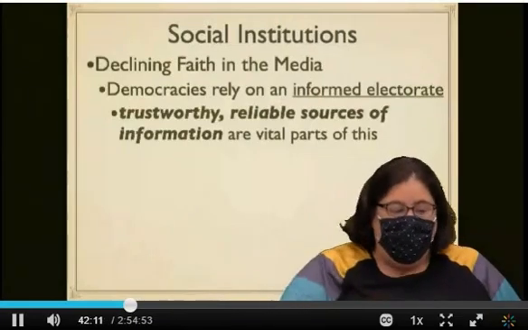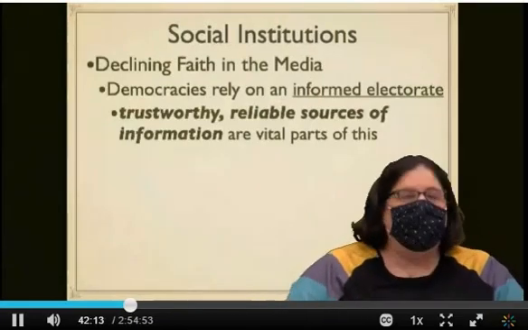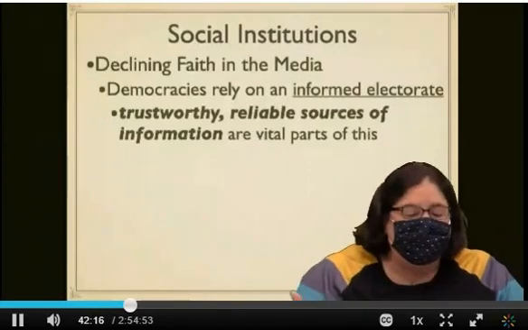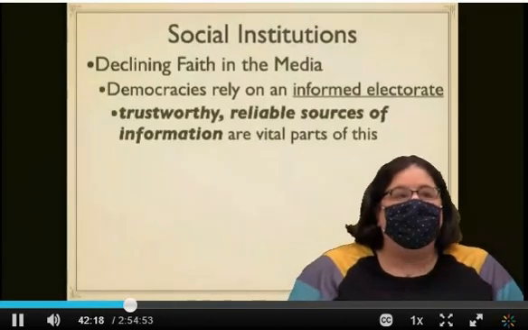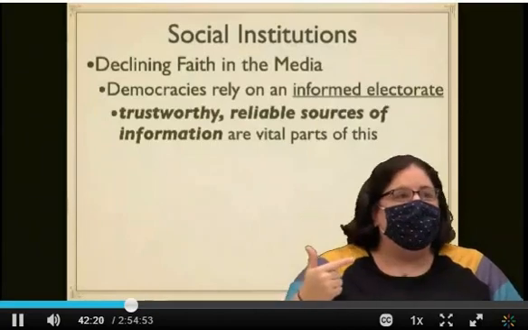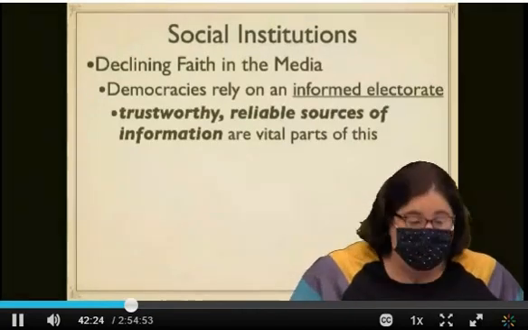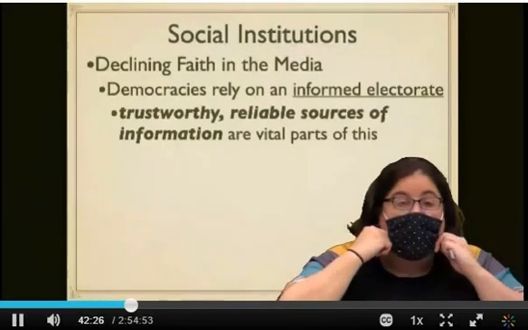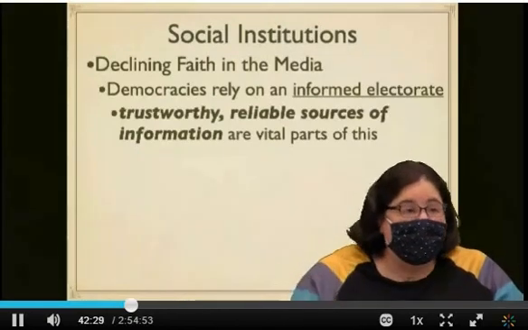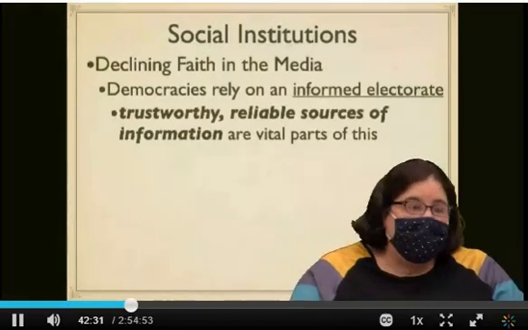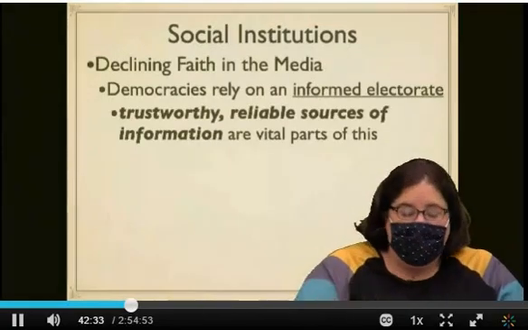Or at least that's what we hope they will do. People who understand how government works and who keep up with current events are more informed voters than people who don't. And so we need to have somebody explaining the process, explaining the issues to the society.